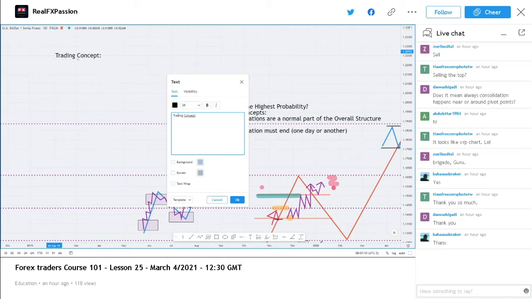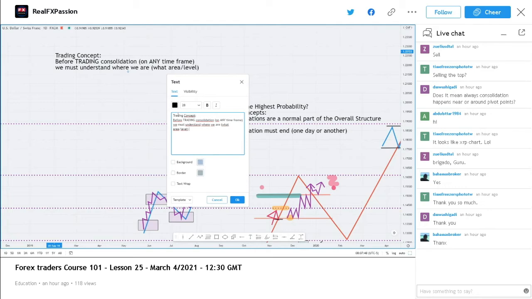Before trading on any time frame, we must understand where we are, at what area slash level.